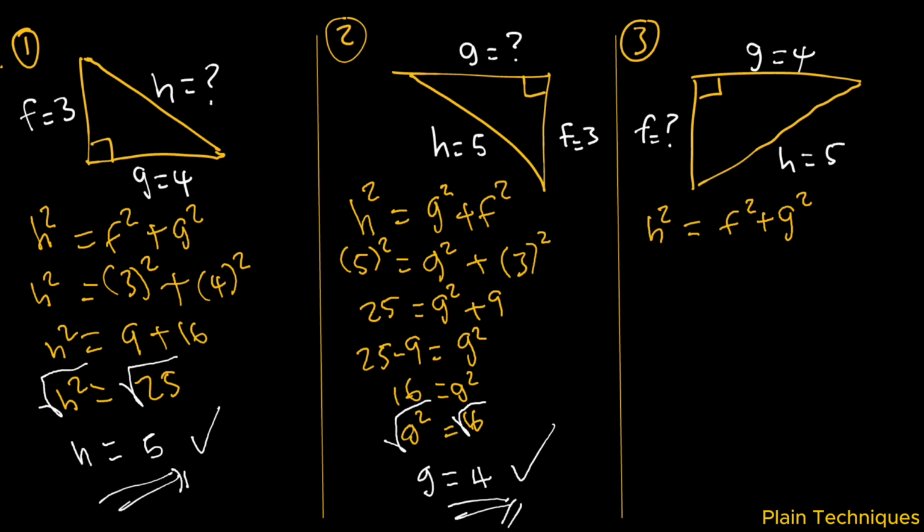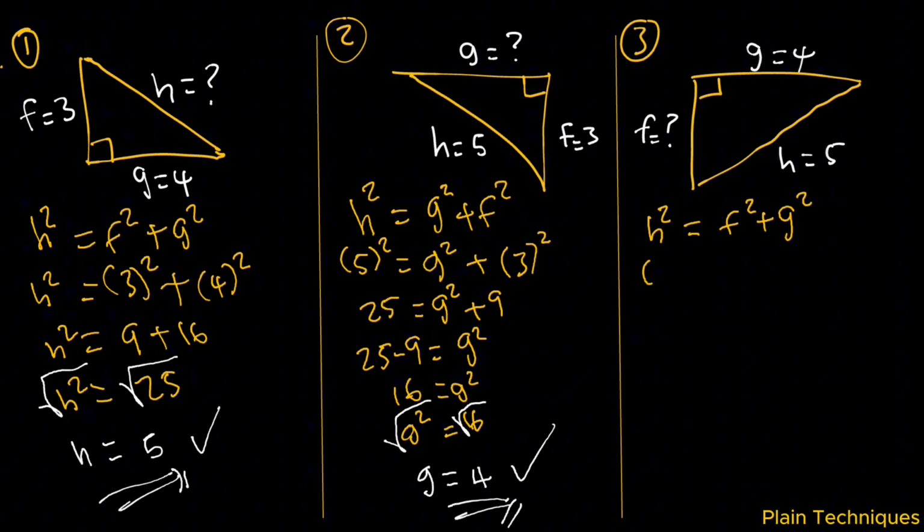So hypotenuse, which is h, if your hypotenuse was f, you would have f here, squared, and then the rest of the sides. Great. Now let's substitute what we already know.